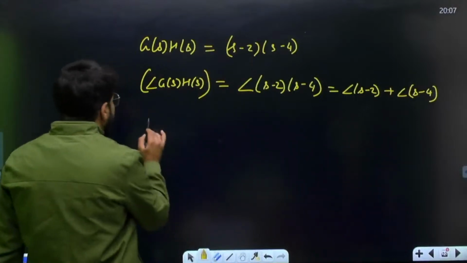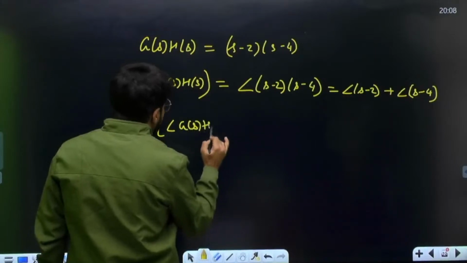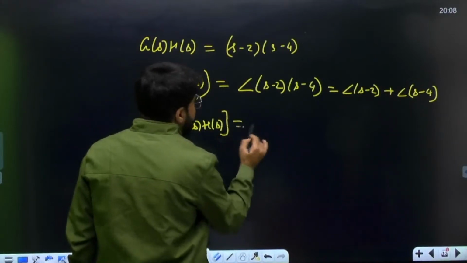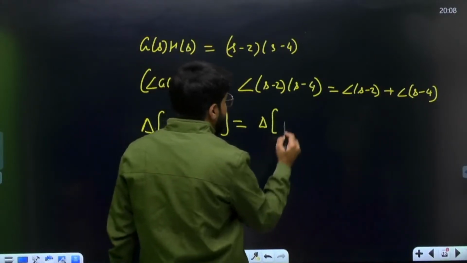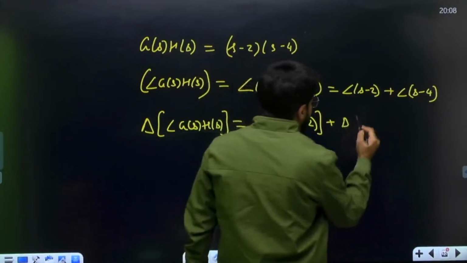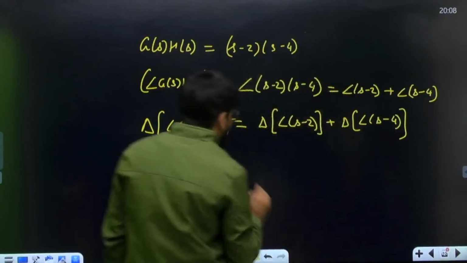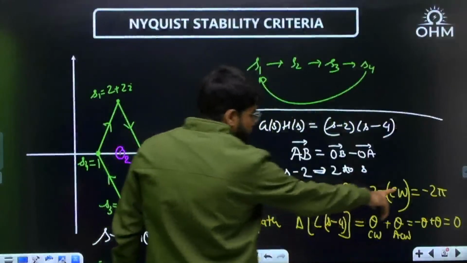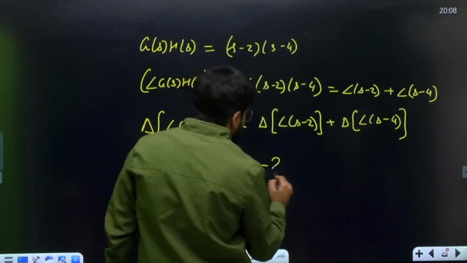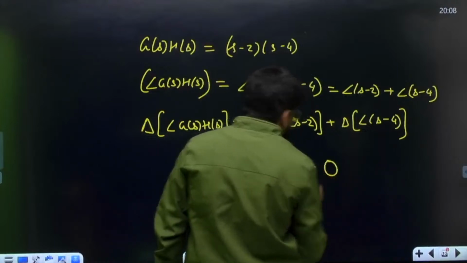So how much is the change in angle of G(s)H(s)? It should be the change in angle of (s minus 2) plus the change in angle of (s minus 4). What is the change in angle of (s minus 2)? Minus 2 pi. What is the change in angle of (s minus 4)? 0.